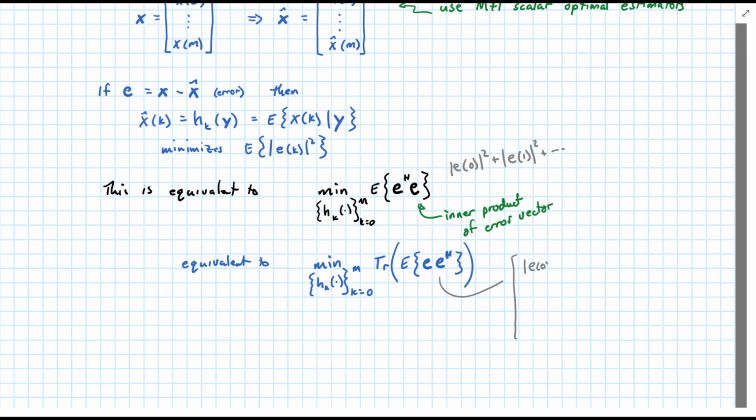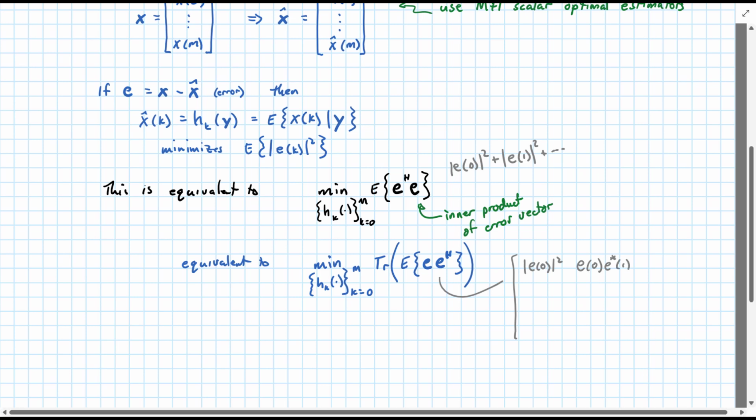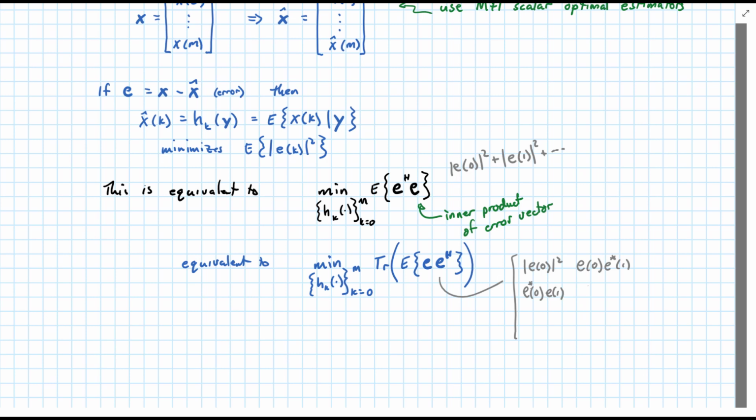It's going to have E0 squared, E0 times E1 conjugate, and so on and so forth. E0 conjugate, E1 squared, and of course the trace is going to grab these elements down the diagonal, giving us the same thing.